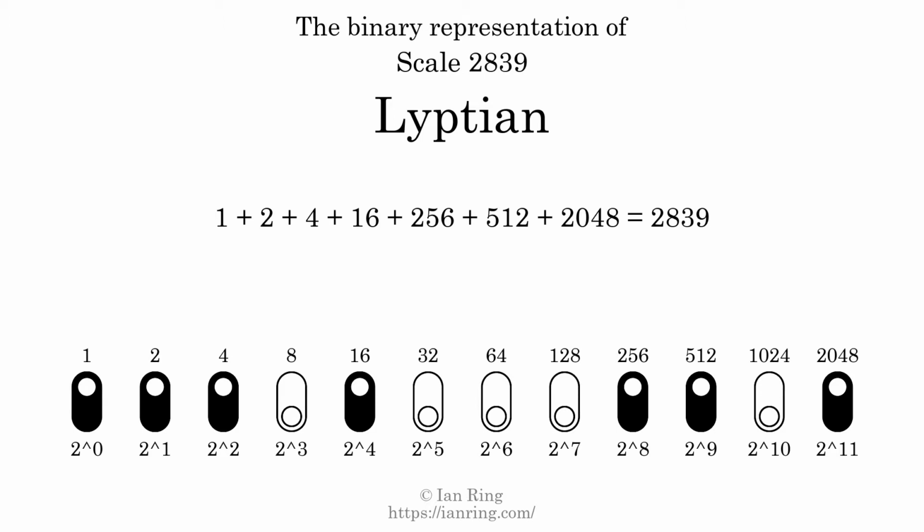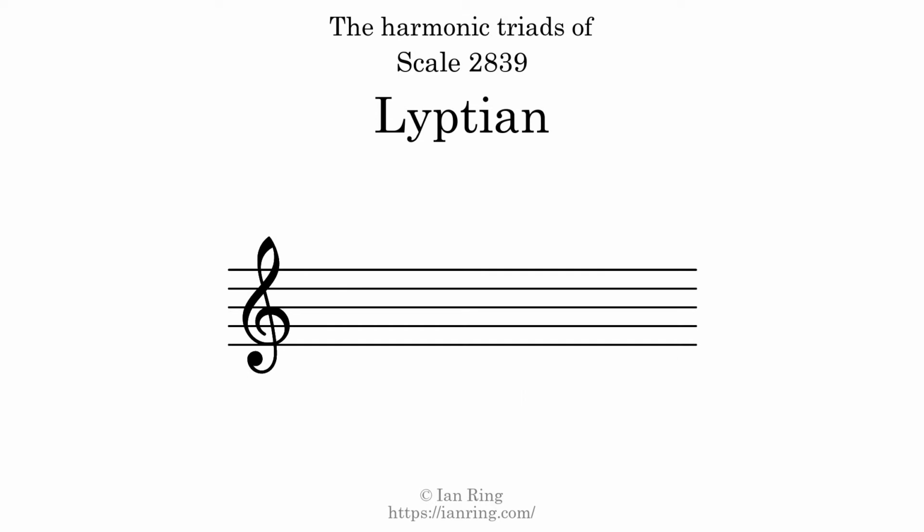That is why the scale number, in decimal, is 2839. The scale number not only enumerates the scale with a unique index, but it also literally describes the tonal content of the scale. Represented as a binary number in base 2, the scale number is 101100101111. Here are the harmonic triads present in this scale.